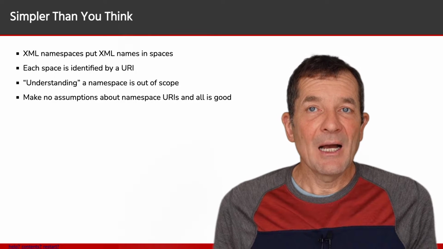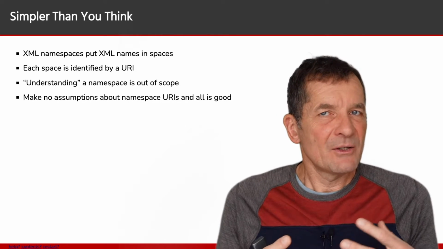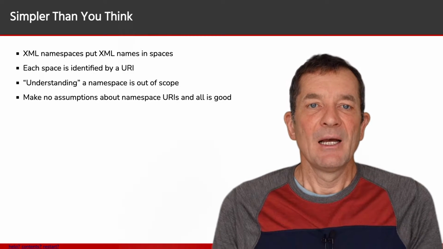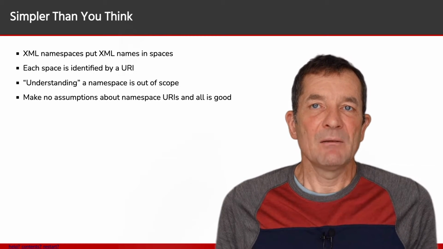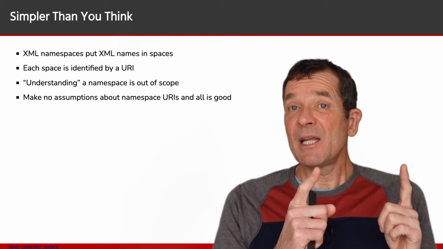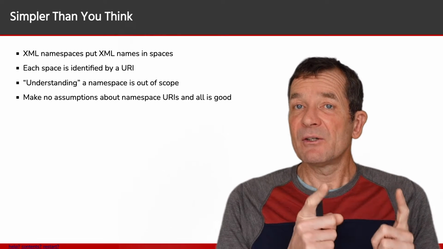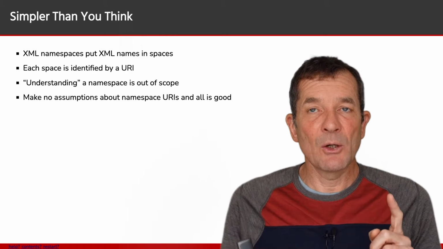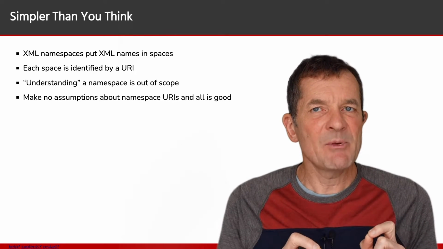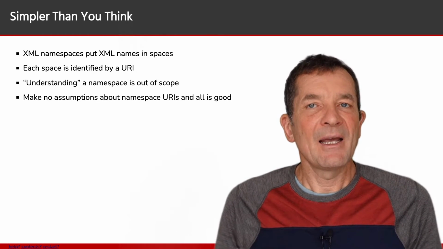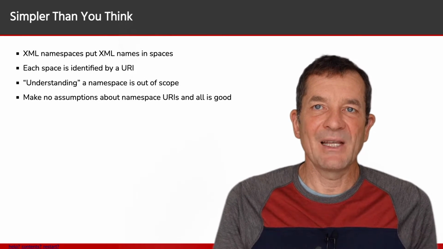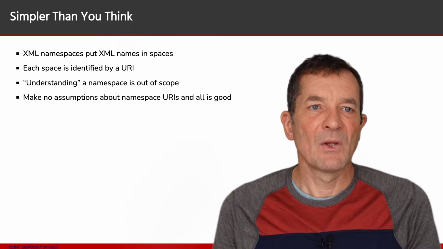There's no way how you can really understand the namespace. That's outside the scope of the namespace spec. And mostly all you have to do is say, I know that namespace name. My software understands that namespace name. So if I write my software so that it only works when it sees that namespace name, then I have robust software that doesn't process data that it shouldn't process.